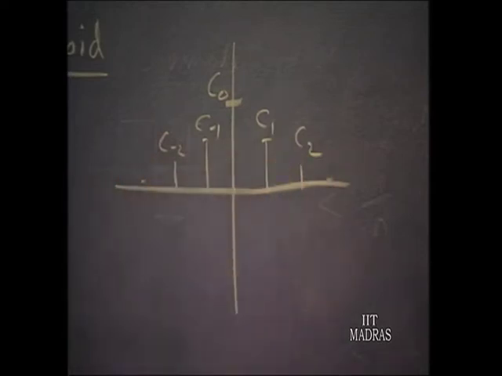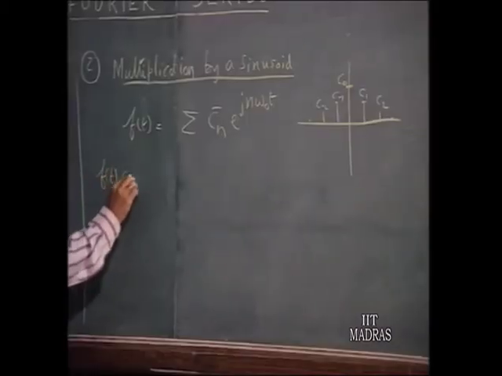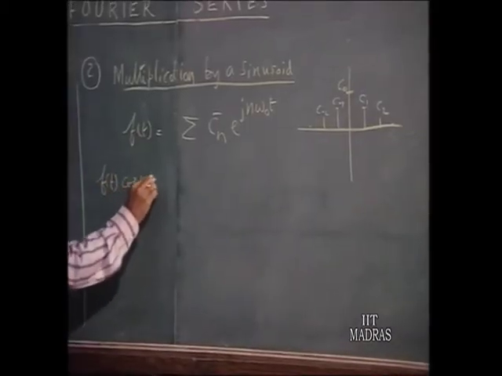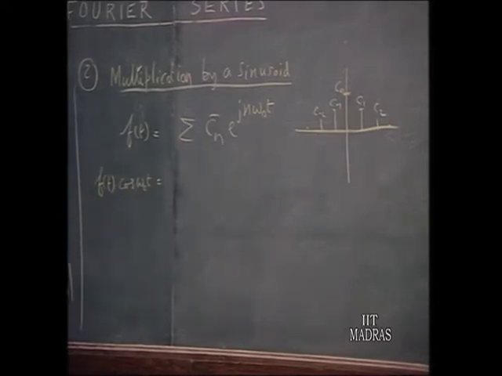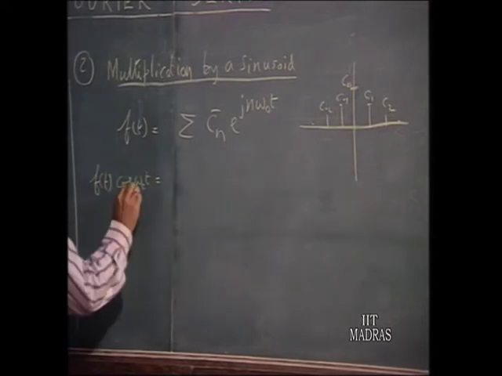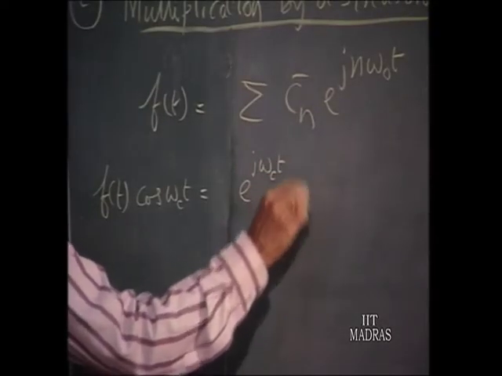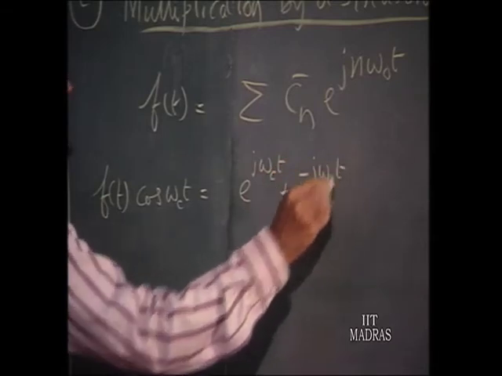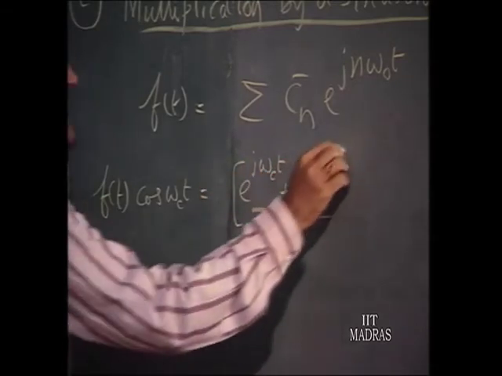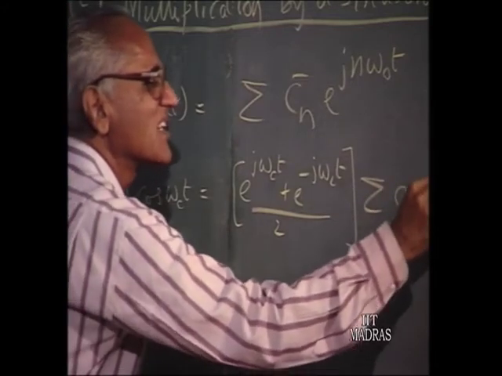Now, what I would like to ask is, if f of t is multiplied by cosine omega c t, then we can say, after all, cosine omega c t is e to the power of j omega c t plus e to the power of minus j omega c t, divided by 2, and you multiply this by Cn e to the power of j n omega naught t.